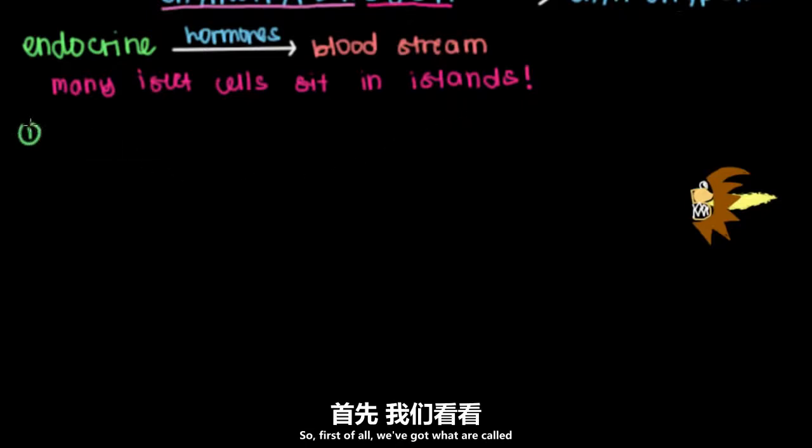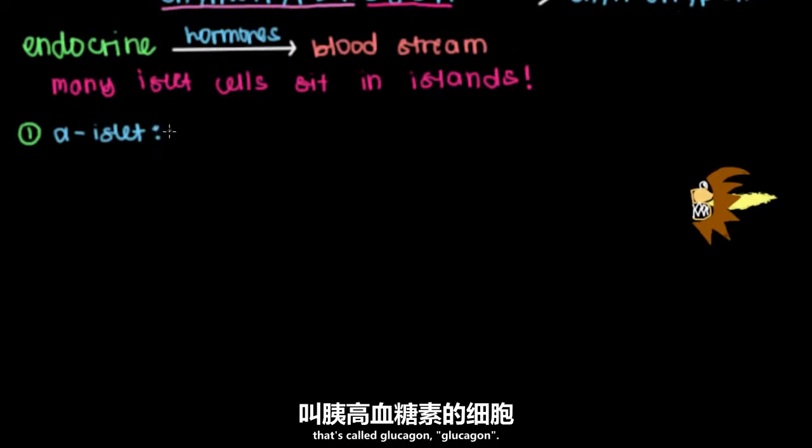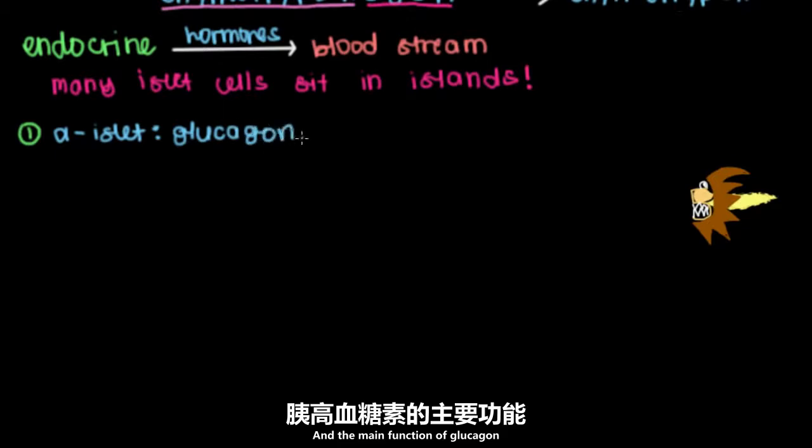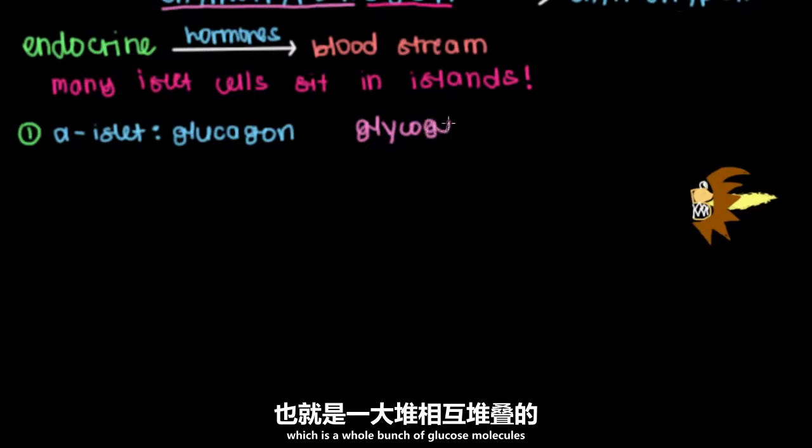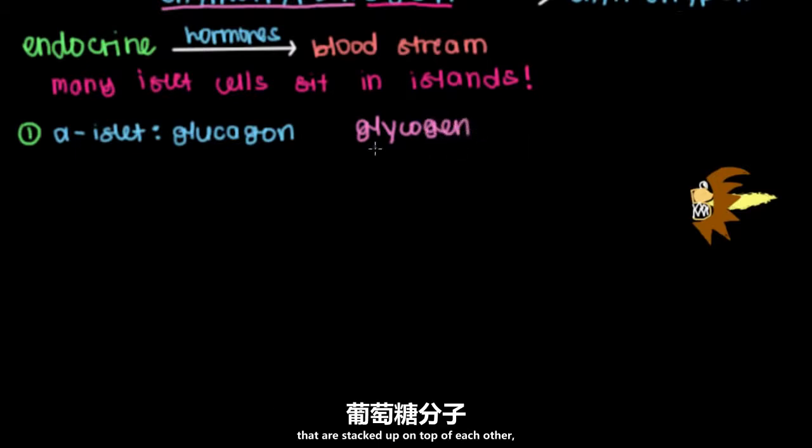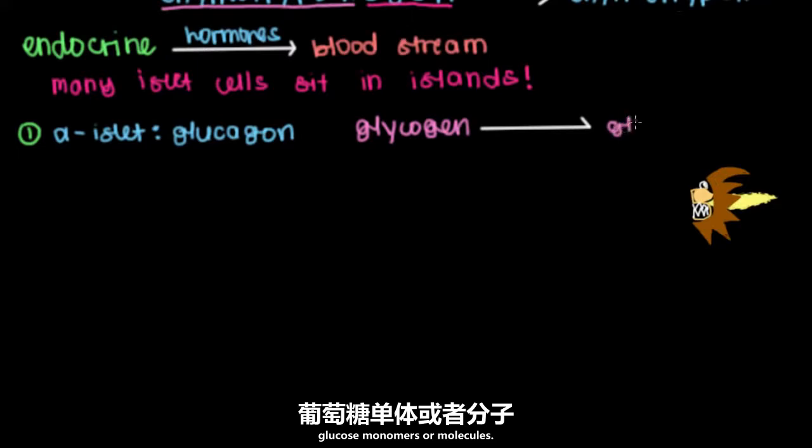So first of all, we've got what are called alpha islet cells, and these guys release a hormone that's called glucagon. The main function of glucagon is to take things like glycogen, which is a whole bunch of glucose molecules stacked up on top of each other, and break them down into smaller glucose monomers or molecules.